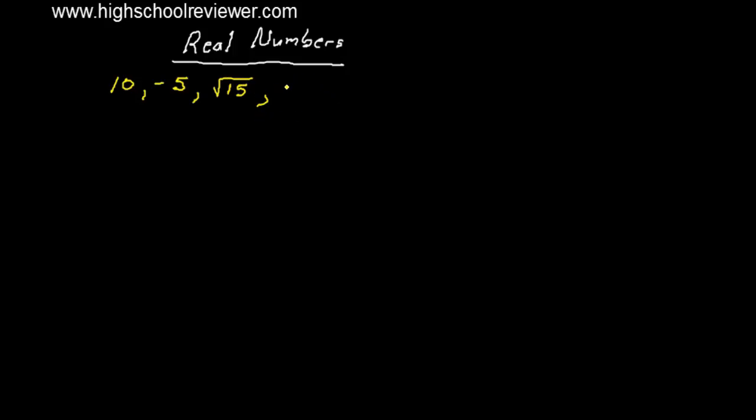We also have the negative fractions, for example, negative 1/4, and the positive fractions, like 3/5, and the number 0, as well as pi. All of these types of numbers are under the real numbers.